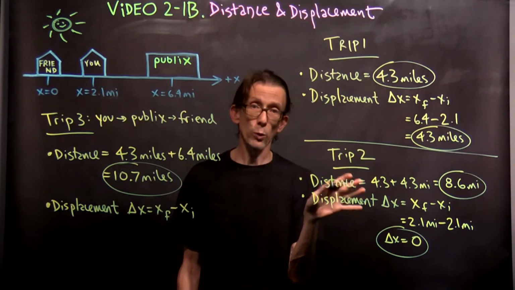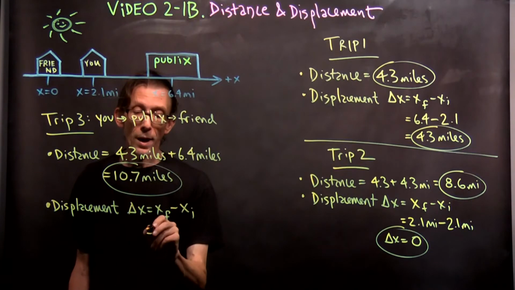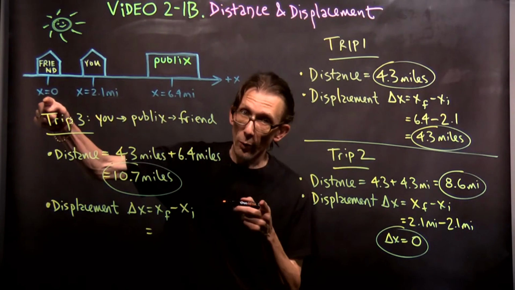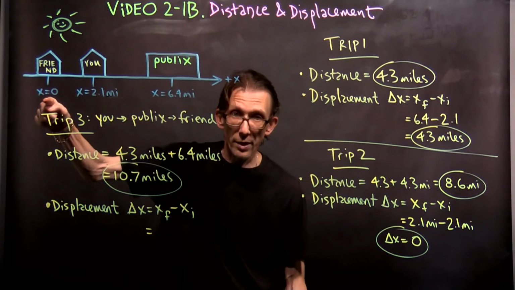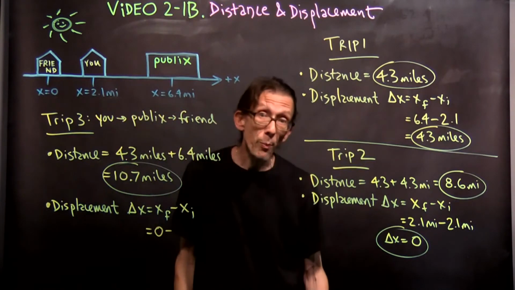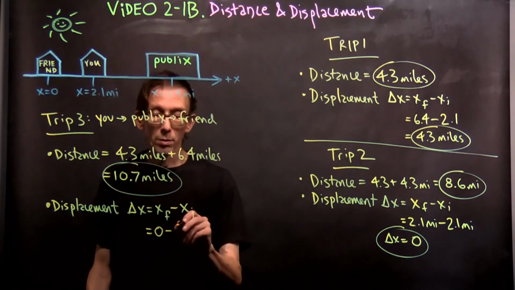It doesn't matter what you did in between those two positions. What we get here is your final position is your friend's house at the origin, which is, say it out loud, I heard you, you said 0, minus your initial position, which is 2.1 miles.